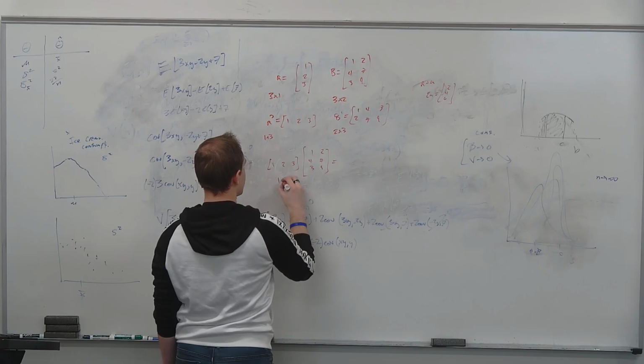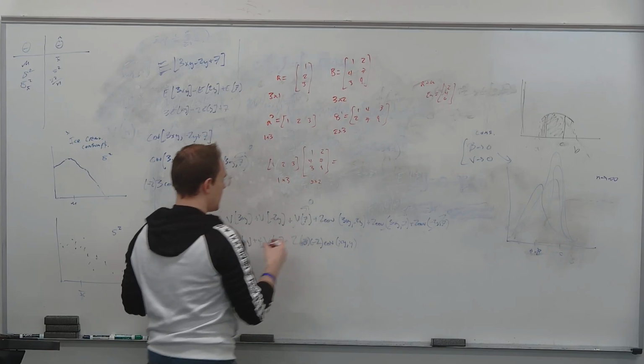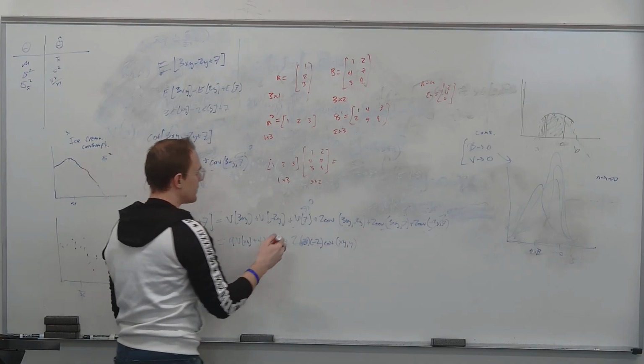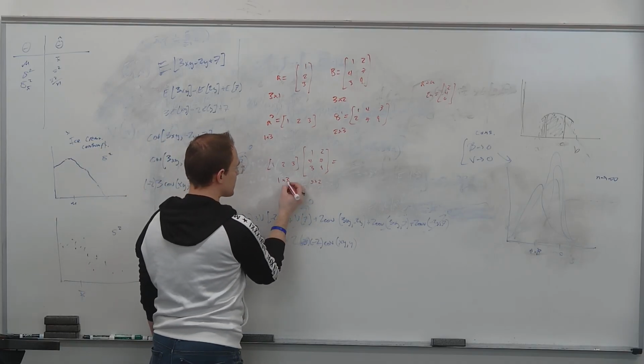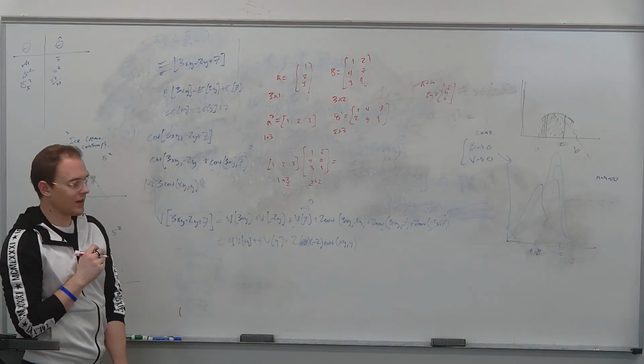This is a 1 by 3 and this is a 3 by 2. The way you know you can multiply them is if these inside two numbers match. So we can multiply them because the 3 is the same as the 3.